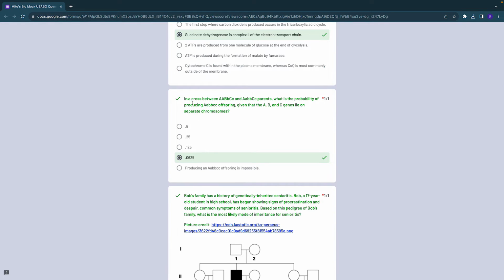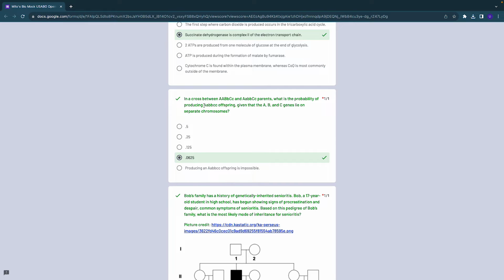Okay, so now let's look at this one. In a cross between these parents, what is the probability of producing a big A, small b, small c offspring, given that the genes lie on separate chromosomes? So basically, this just tells us that there's no linkage, and we can just do some simple math to figure this out.